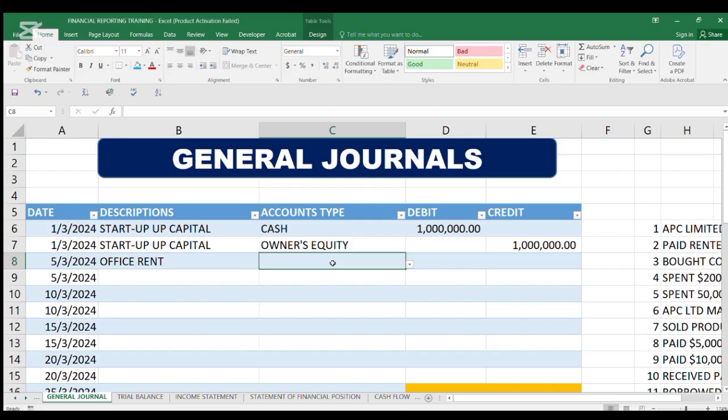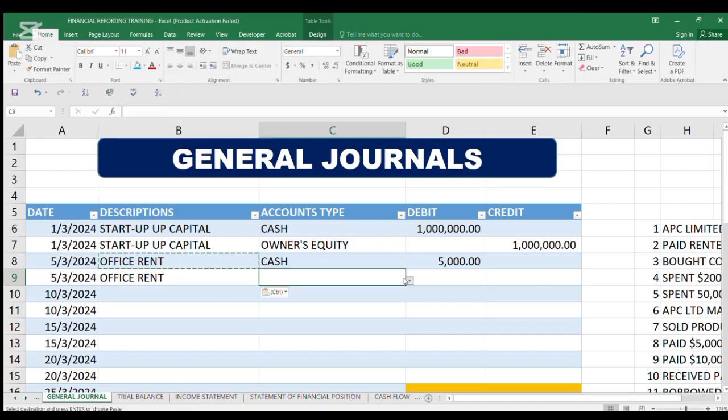So if it has to do with cash, I will debit cash first before taking the credit side. So for office rent, I debit the cash because it said paid office space, not indicated either by bank or cash. How much is it? 5,000 US dollars. Then I come again, copy and paste the description, office rent.